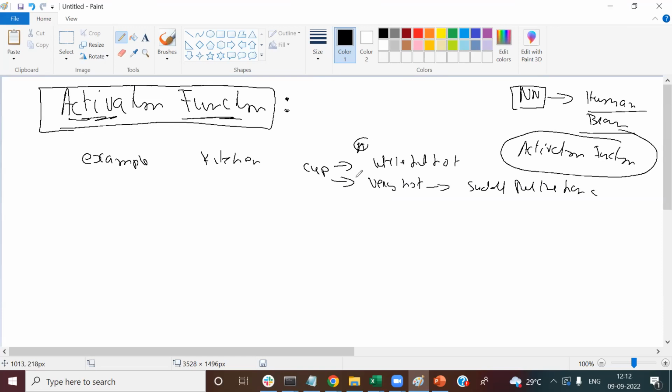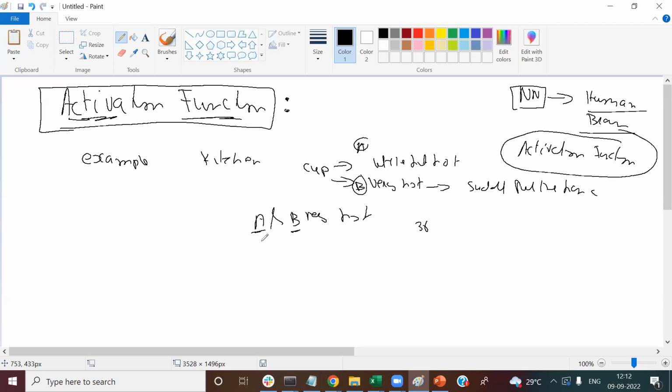So let's say cup A and cup B. Now both A and B were hot. The human body temperature is around 38 degrees, I don't know, let me say around 36 degrees centigrade or whatever. Both A and B, the temperature of A and B was more than 36, the body temperature. But in A, you do not pull the hand. In B, you pull the hand.